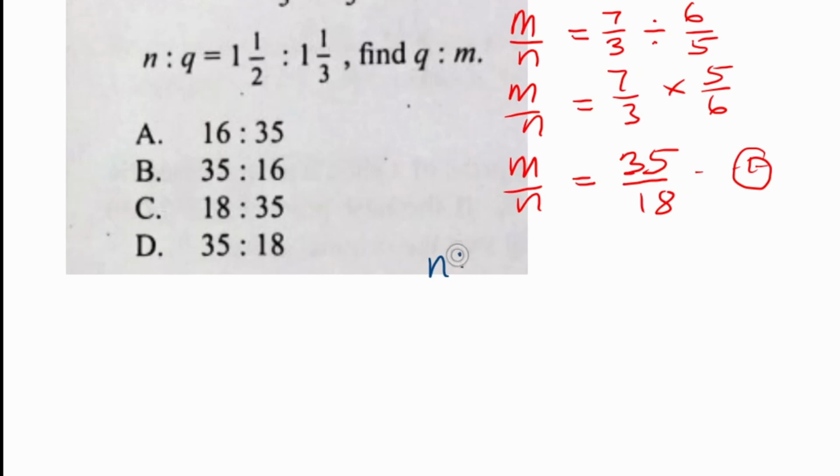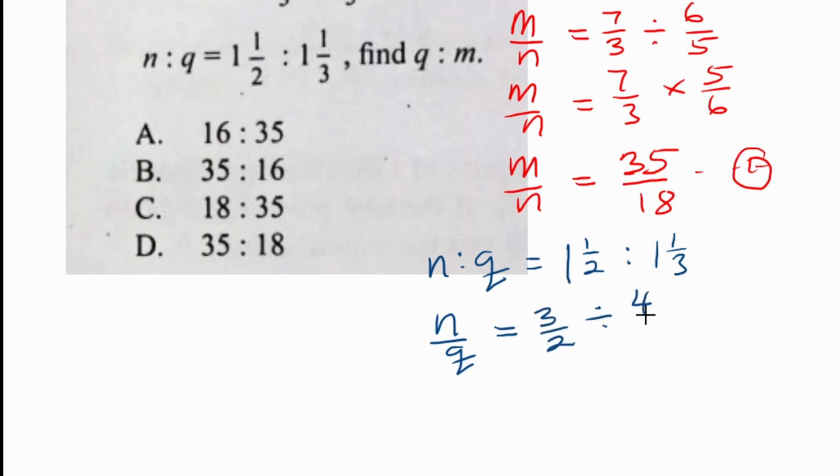n to q equals 1 whole 1 over 2 to 1 whole 1 over 3, which will be the same as n over q being equal to 3/2 divided by 4/3, which when solved further, n over q will be equal to 3/2 times 3/4.